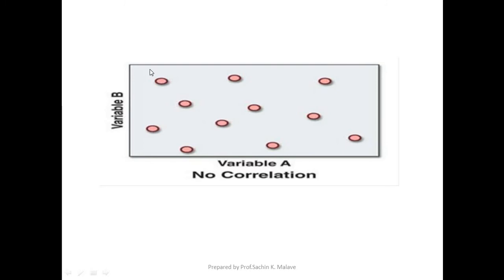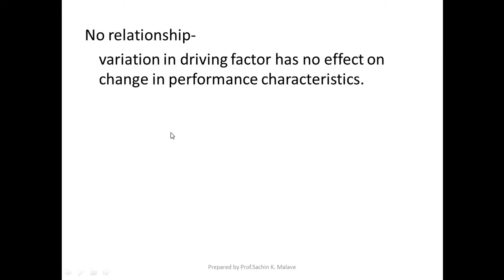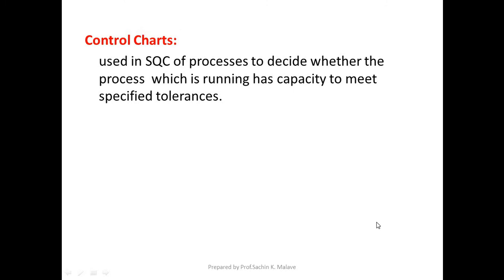You cannot interpret, you cannot correlate variable a and variable b, isn't it? So there is no point in studying the correlation between such factors at the time of experimentation. Okay, so whatever we have discussed, that is written over here, so no need to study this.